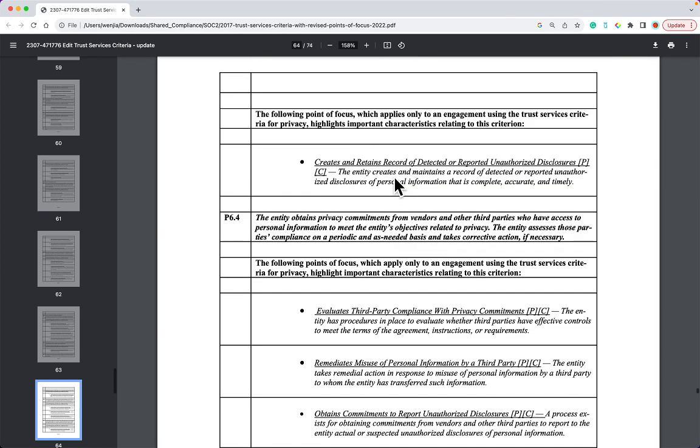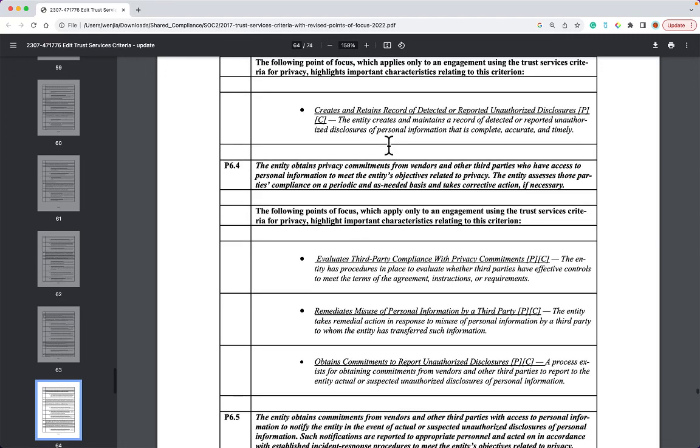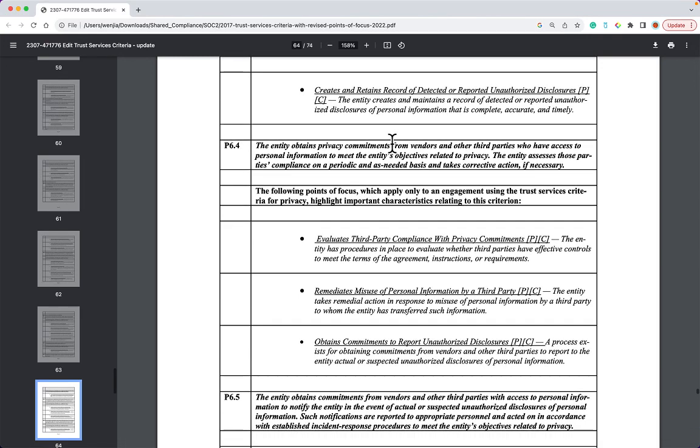So when the entity creates and retains a record of detected or reported unauthorized disclosure, when you detect that, you need to make a record, then you can analyze. So this is a crucial step for the improvement of your detection and protection mechanism.